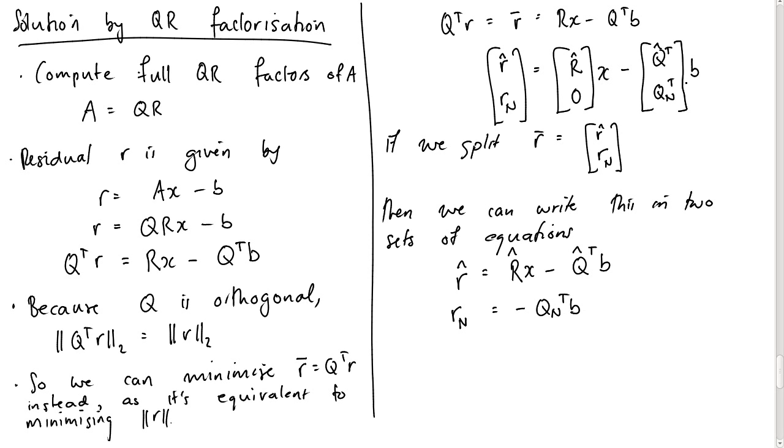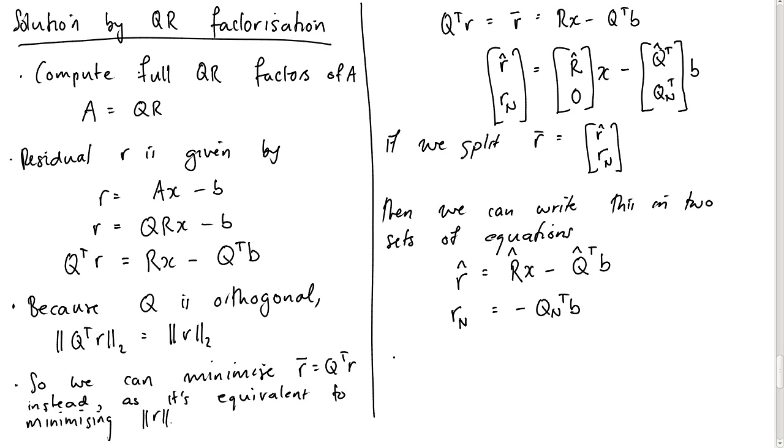So I'm just writing out this matrix expression up here in two pieces. Now remember, what we're trying to do is choose x to minimize r. So the thing we're trying to choose is x, and the thing we're trying to make small is r.